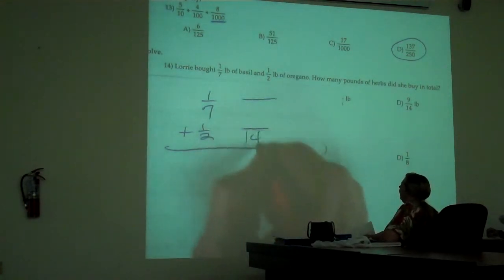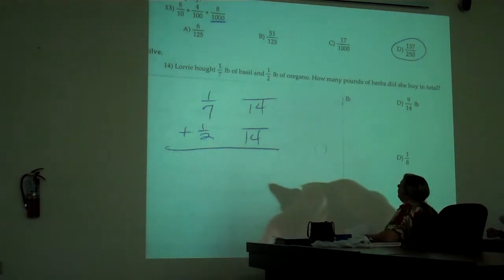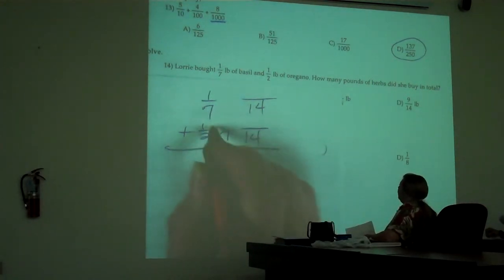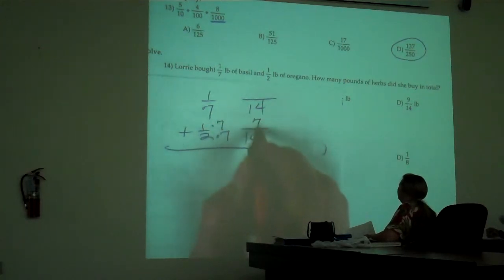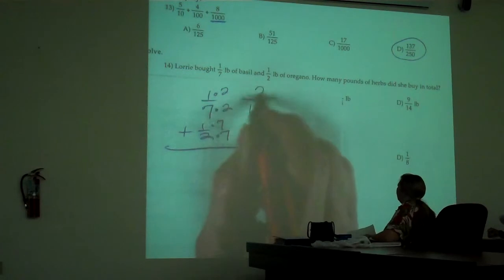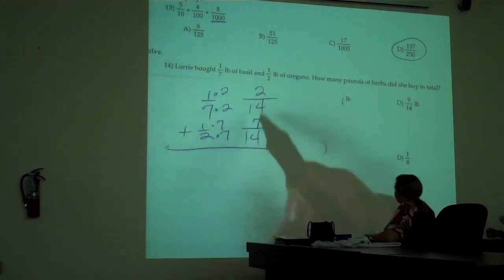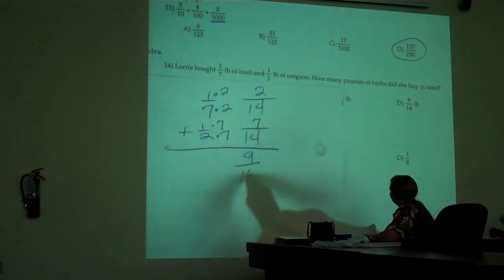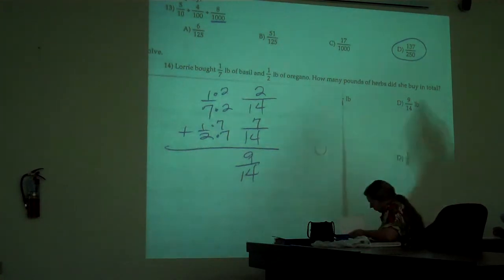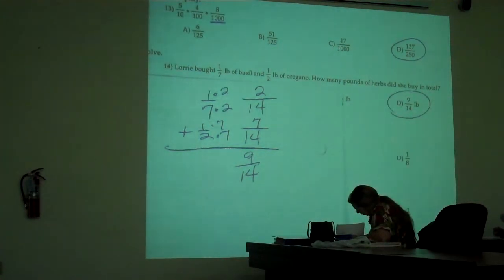Common denominator. I like that word. Common denominator. 2 times 7, 1 times 7. 7 times 2, 1 times 2. So you get 9 14. Will that reduce? No? And that's how many pounds?